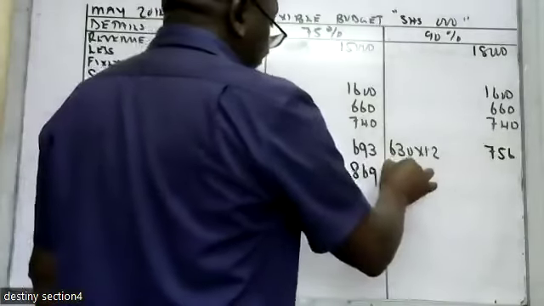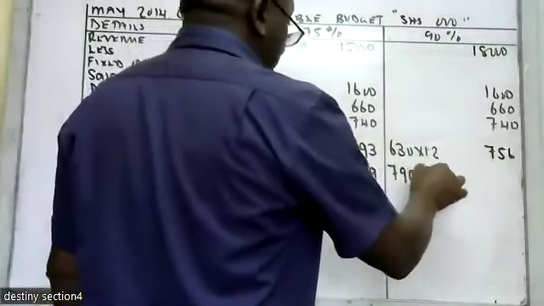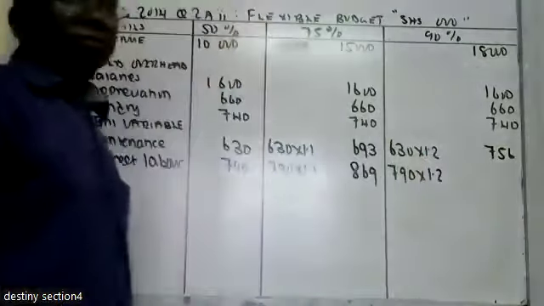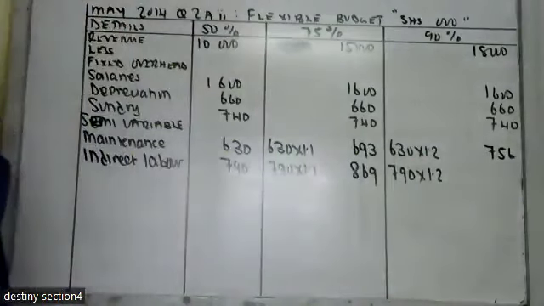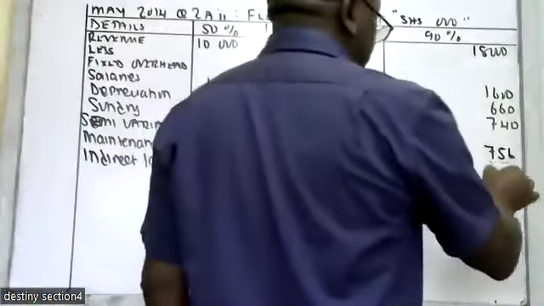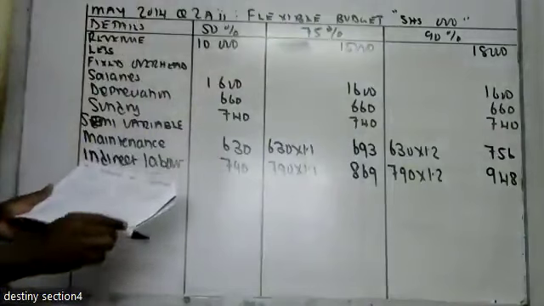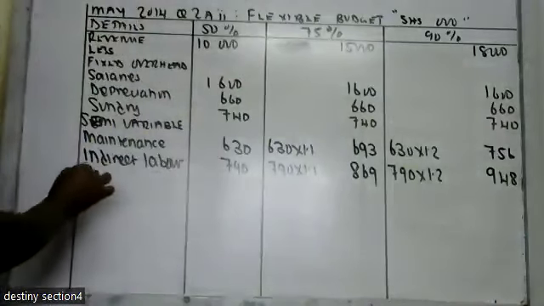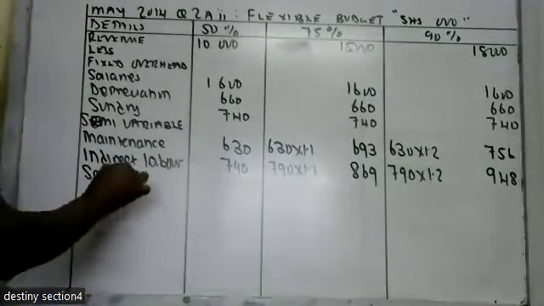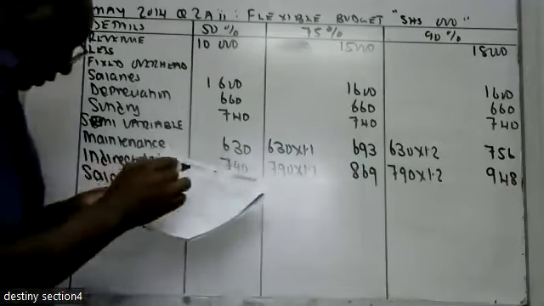$869. Then 790 multiplied by 1.2. 948. Huyu mwingine anaitwa salaries. So salaries is 380.